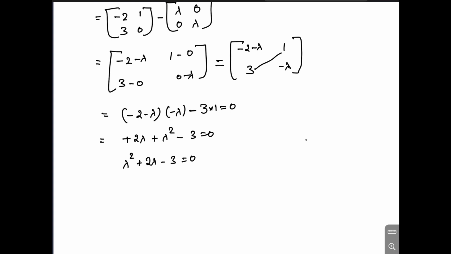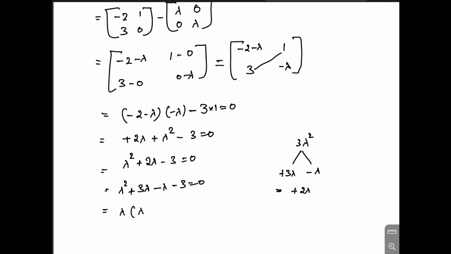So here we can simplify and find the roots. Splitting 2 lambda as 3 lambda minus lambda, let's solve further. Lambda square plus 3 lambda minus lambda minus 3 equals 0.